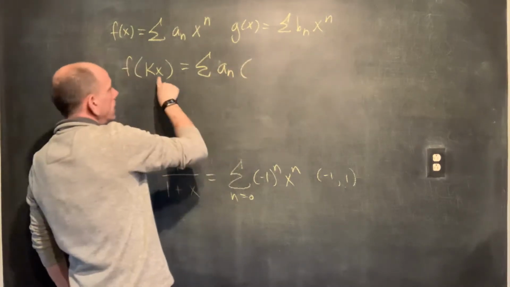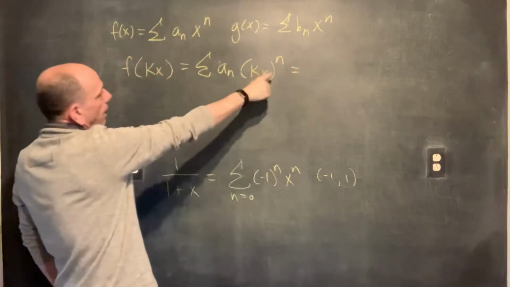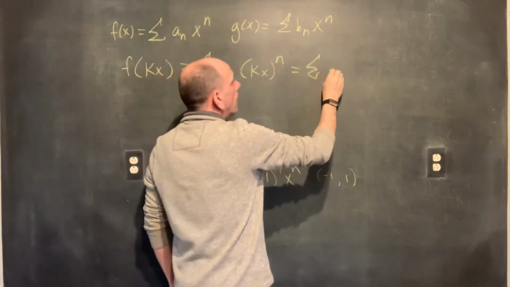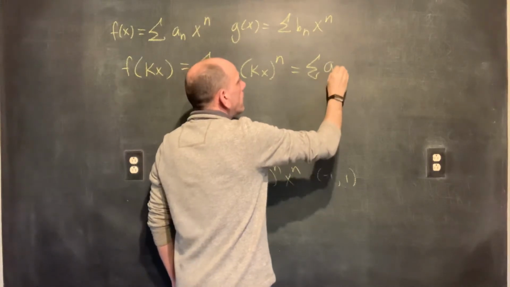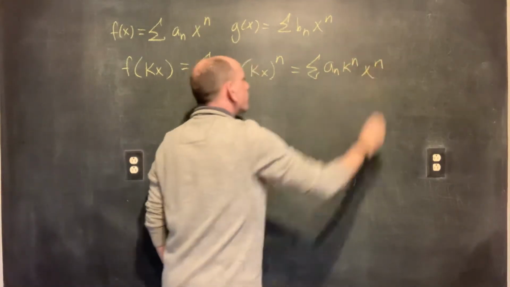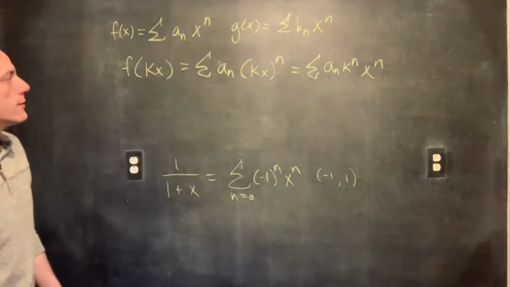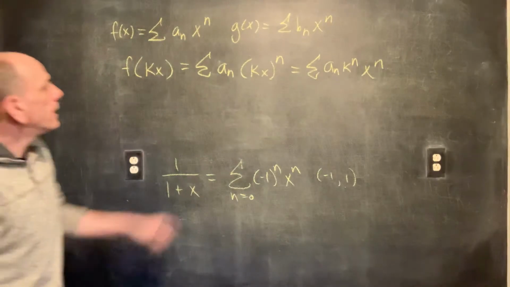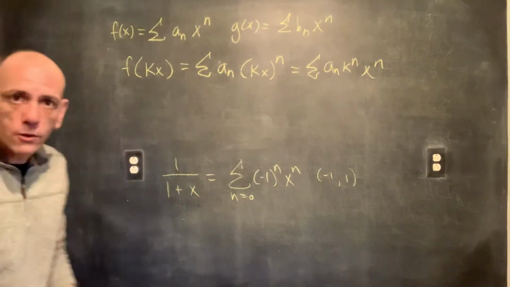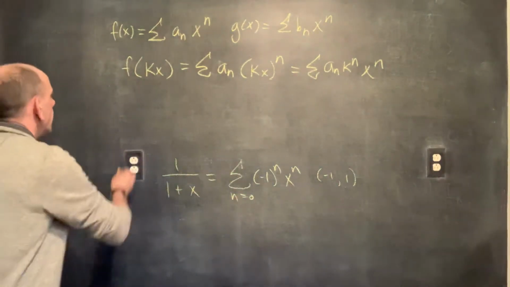So I'm going to plug in kx to the n, and we can do power over product just to make that a little nicer. We've got a sub n, k to the n, x to the n. So we can see that our sequence terms are there, a sub n, k to the n, and then we've got our x to the n's. Nice. So all we have to do is plug in, evaluate, and move.